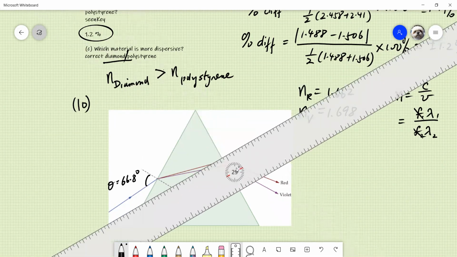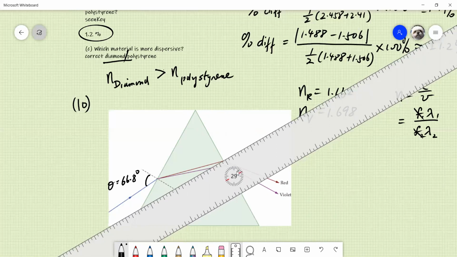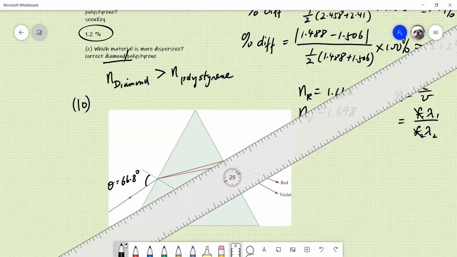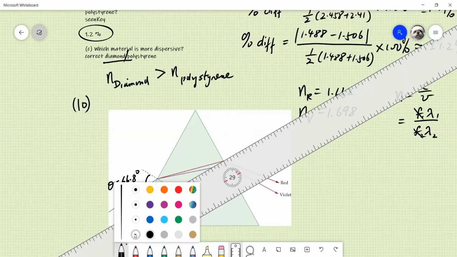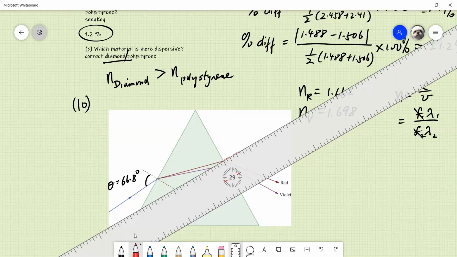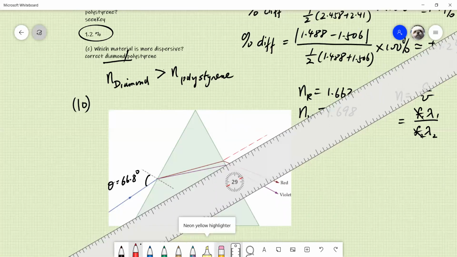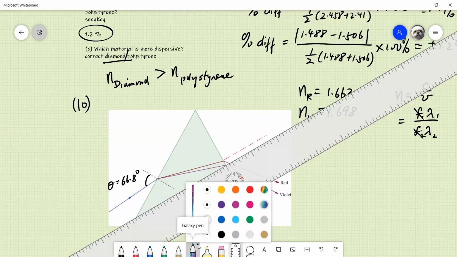For the red. For the violet. Do I have violet? I don't think I have violet color. Okay, violet here.